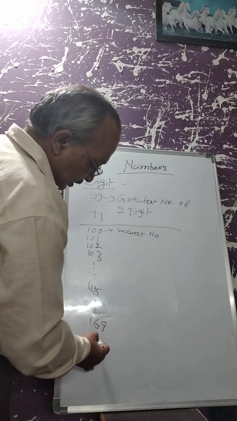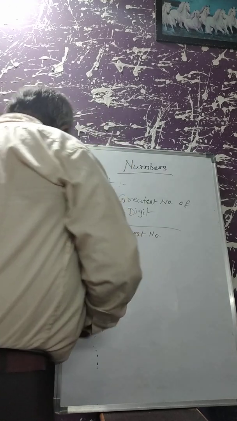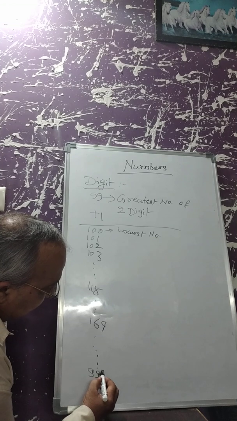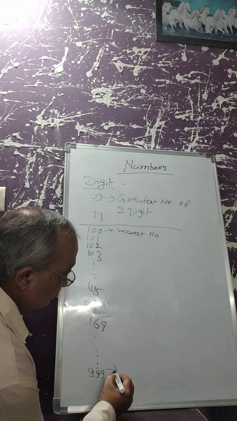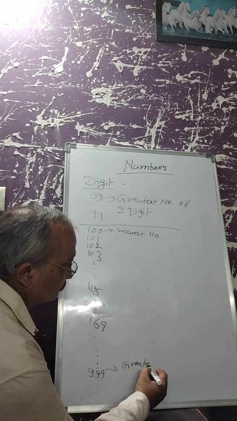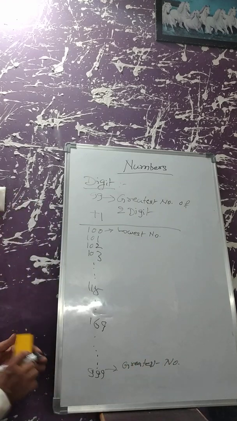Suppose the last one will be 999. This is the greatest number.